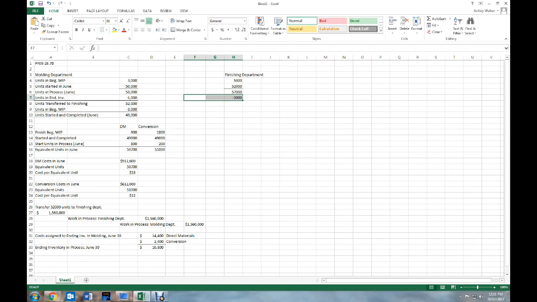Get our pretty underline here. So that means the units that we would have had in ending inventory or in process would have been 57,000. Or 55,000, sorry. Misspoke. So that has to be the units that we would have transferred in.